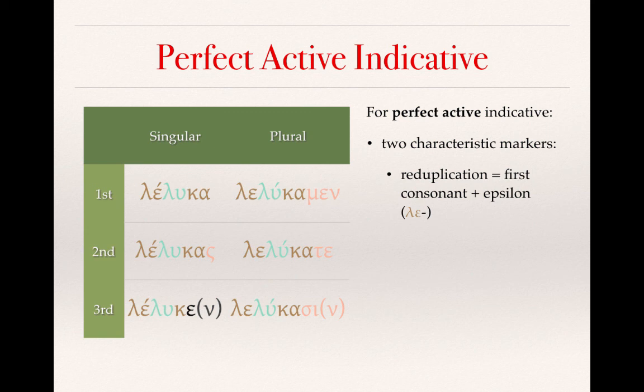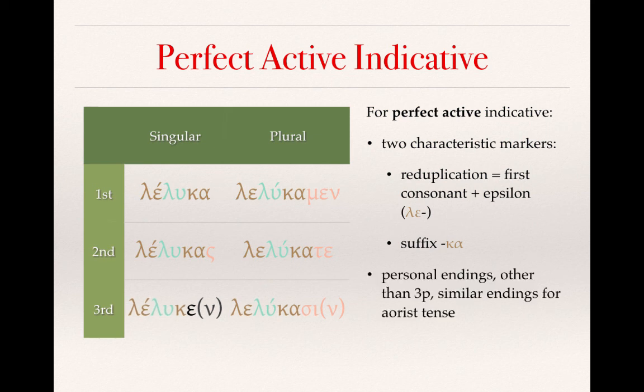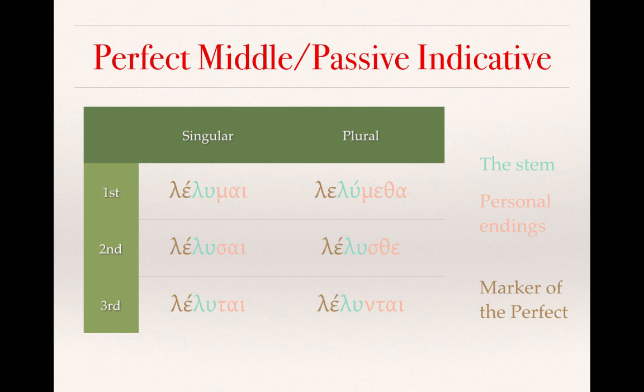So in this case, le. The second characteristic is the suffix ka that you see in all the forms, although the alpha drops off in that third singular. And so the personal endings, other than the third plural, are very similar to the endings of the aorist tense.